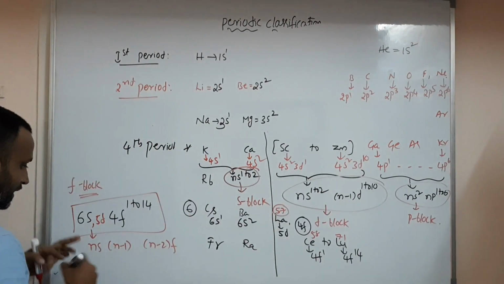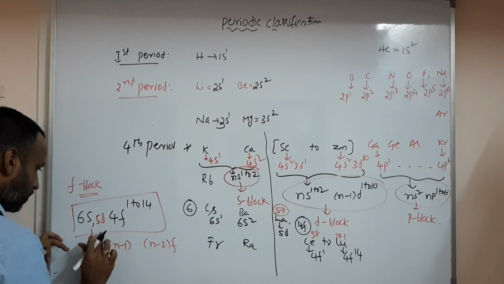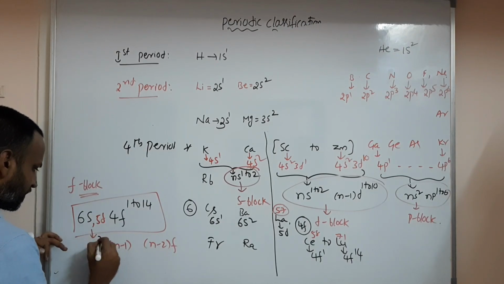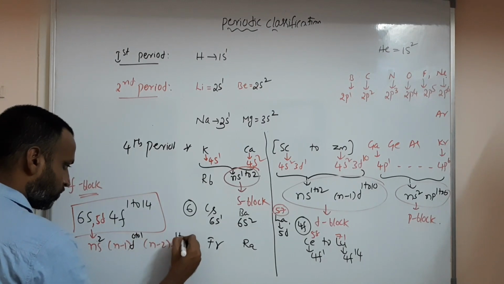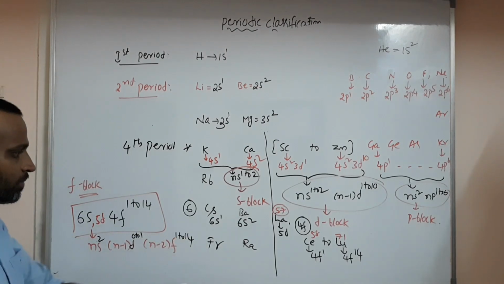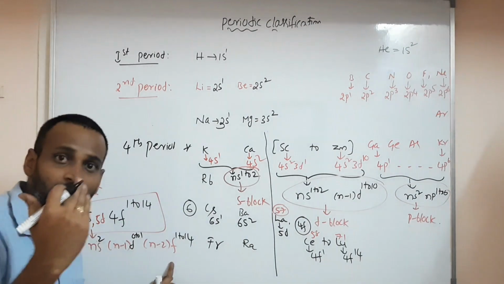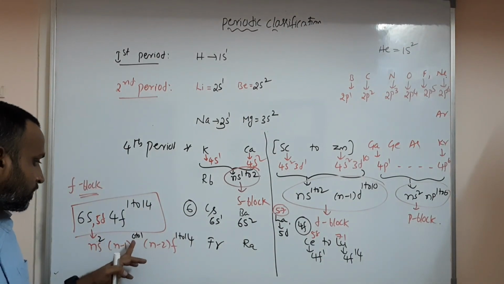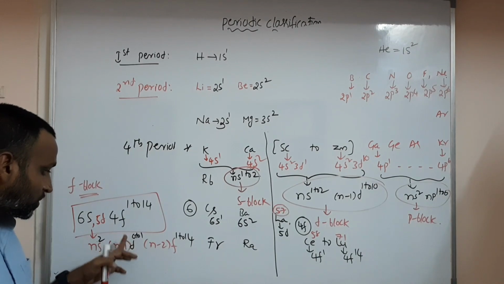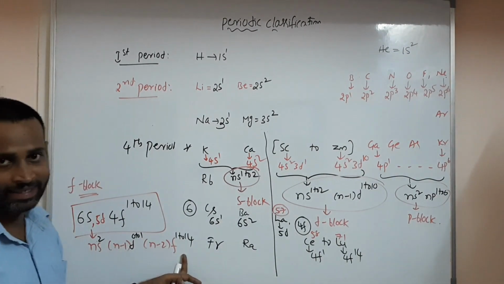So now you can write ns 1 to 2, or simply ns2. n minus 1 d 0 to 1, n minus 2 f 1 to 14. Why am I writing 0 to 1? Sometimes to get half filled you will write 1 electron here, otherwise d0, d1 actually. Sometimes d0 also we write to get half filled or full filled.